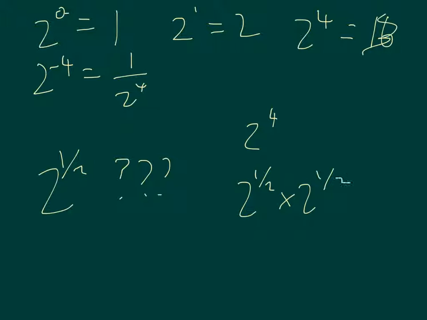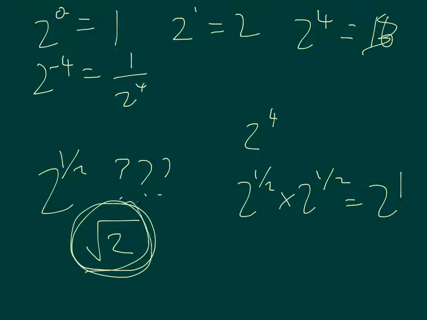And we can see using our laws of indices that that must work, because when you multiply you add the indices, and half add half equals 1. So this number, 2 to the power half, whatever it is, it's the number which when you multiply by itself, in other words you square it, you get 2. What number is that? Well, the number which when you square it you get 2 is called the square root of 2. So 2 to the power half must be the same as the square root of 2.